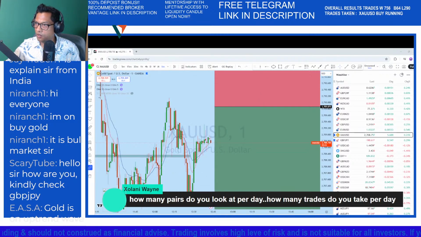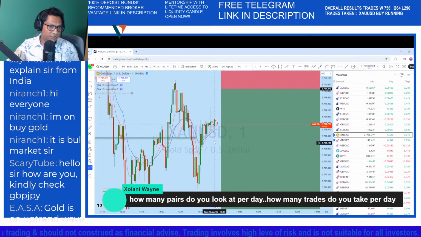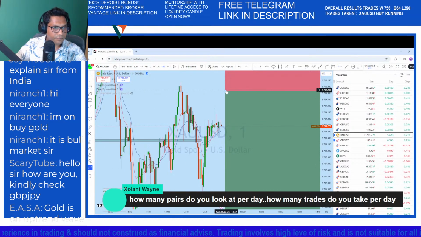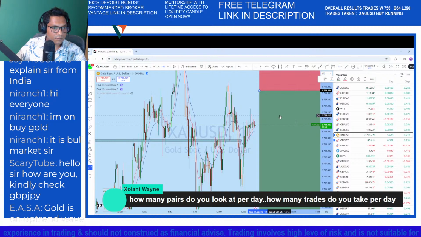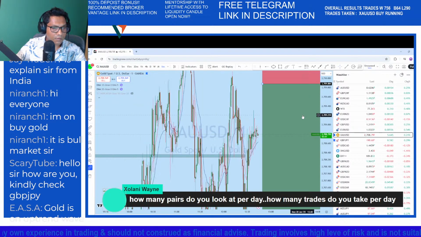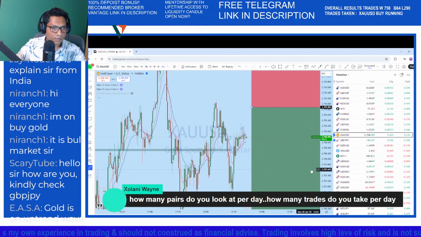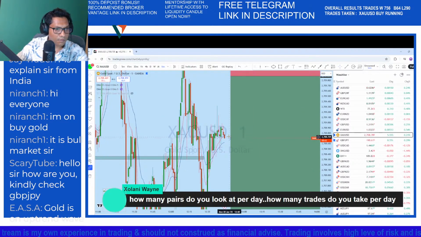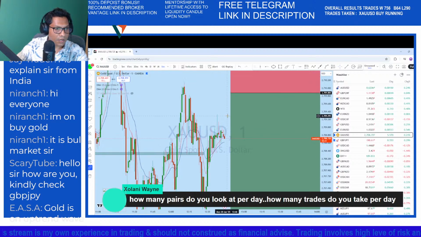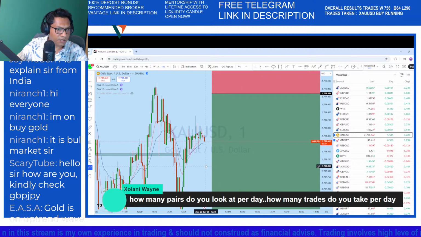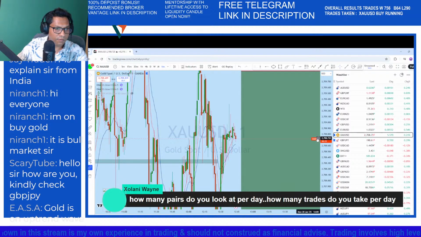Okay, so from here, I'd like to see that it's having a breakdown to the support level. So doji, another bearish candle, expecting for the market to come back here to this support level.